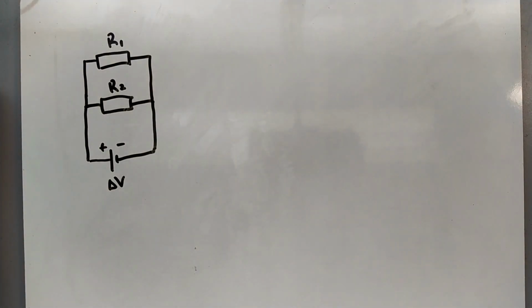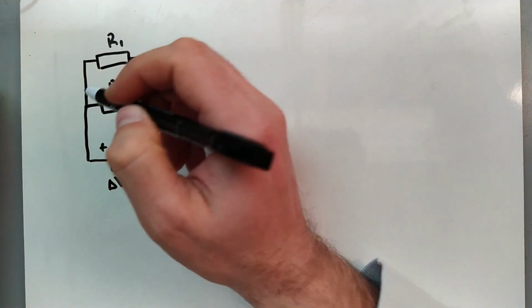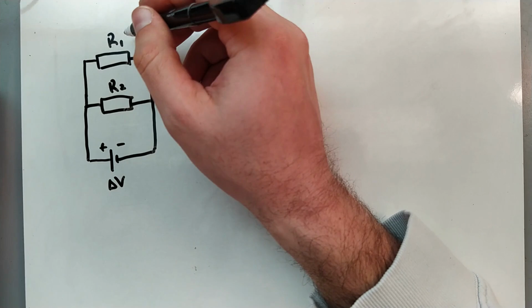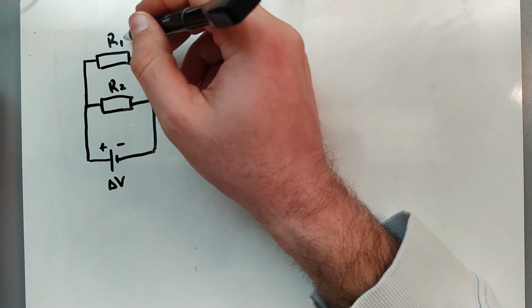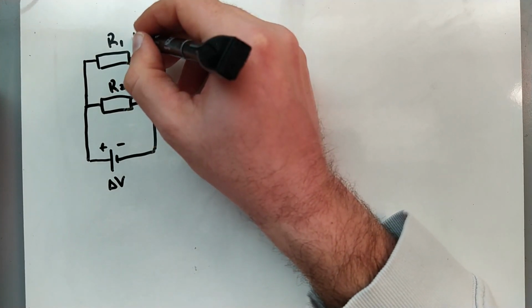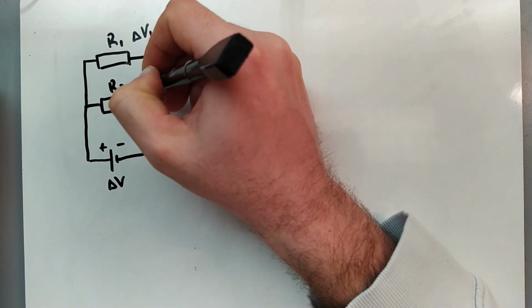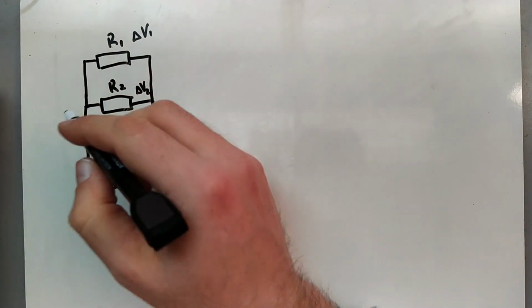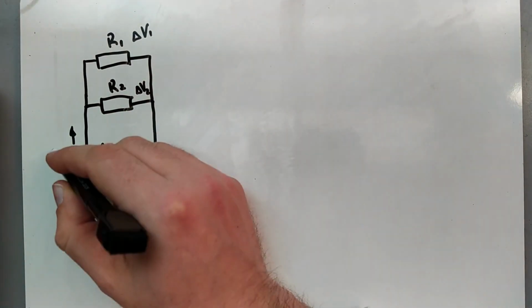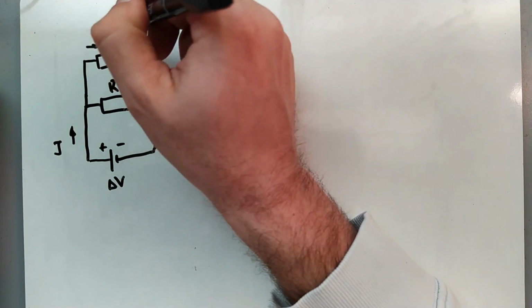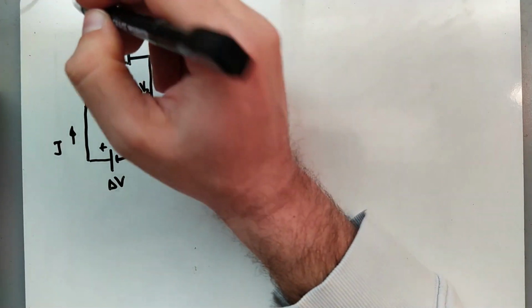So what happens now? We will have some potential drop over resistor R1, R2. Let us denote it as delta V1 and delta V2. And also here will be some current I. There will be some current through resistor R1.